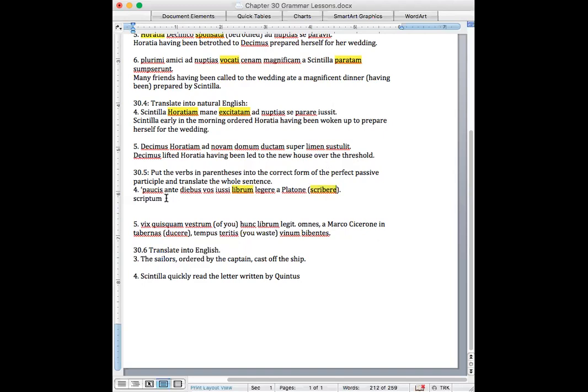So scriptum needs to agree with librum. And then what case, number and gender is librum? Let's look up the gender really quickly because I cannot remember. Liber is going to be masculine. Okay, so it is masculine. Librum obviously is going to be accusative and singular. So we can just leave it as scriptum librum.